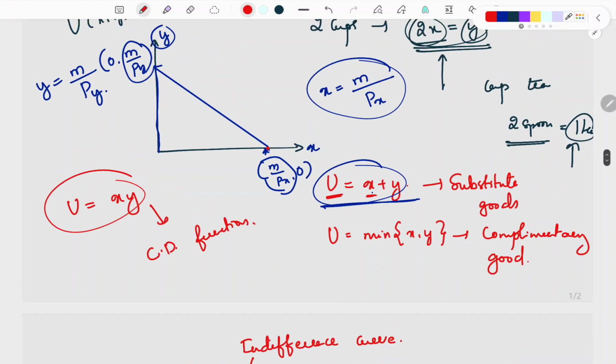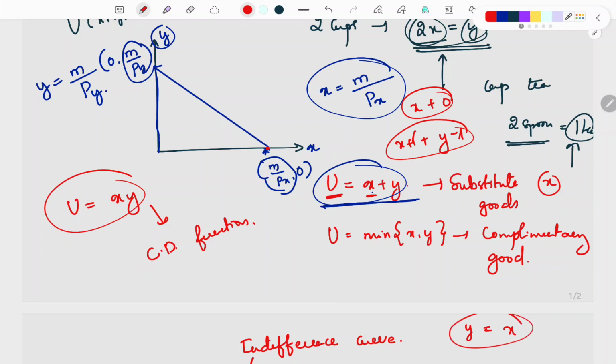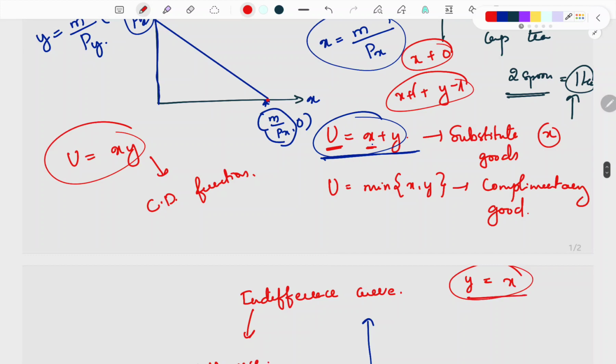Now you got only with x, you got u. And at the same time, suppose you have x plus 1, then obviously you should subtract 1 from y also in order to get x plus y at the end. When you consume only y, in terms of utility that should be y.